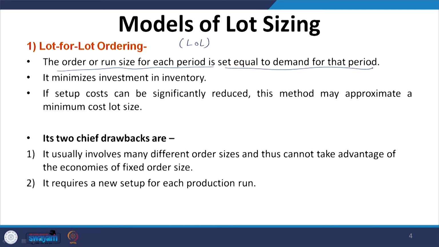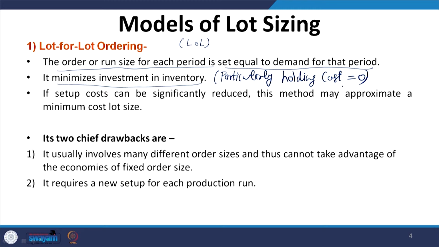Obviously, the benefit of this particular system is it minimizes investment in inventory, particularly holding cost will be almost 0. You will not hold the inventory, whatever is required you are producing only that much. So, this will reduce your cost of holding or carrying cost to 0 level.